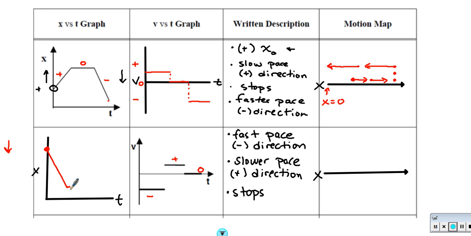So our slope should be much more gradual. And then finally it comes to a stop, so our slope actually becomes 0 and flattens off. So no matter where you place this initial point here, everybody should get a graph that resembles this shape.